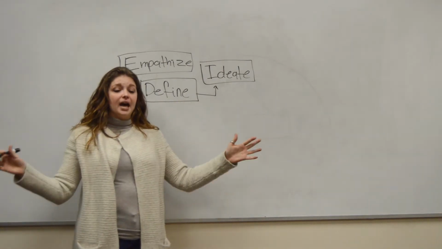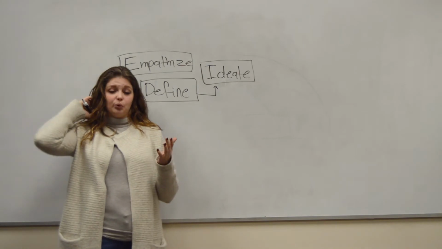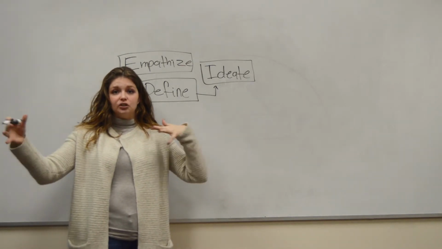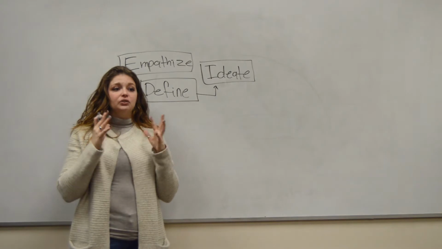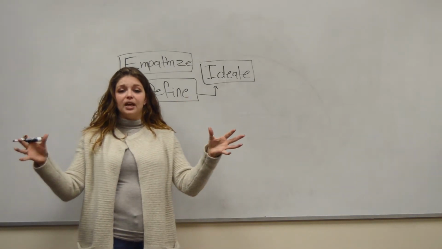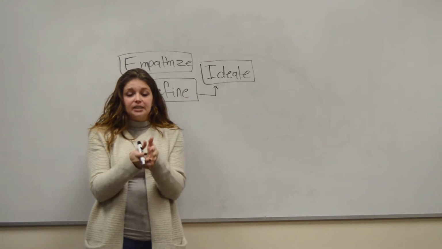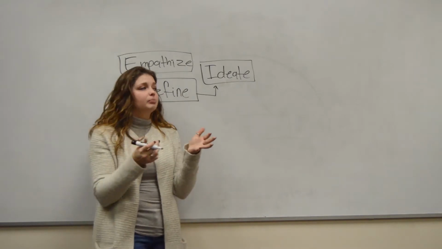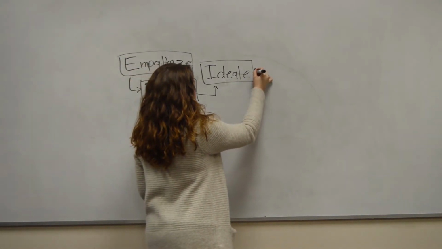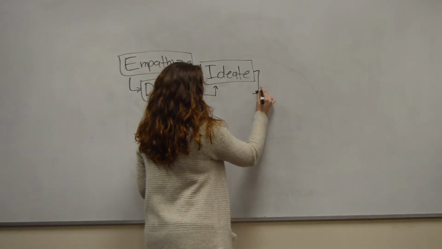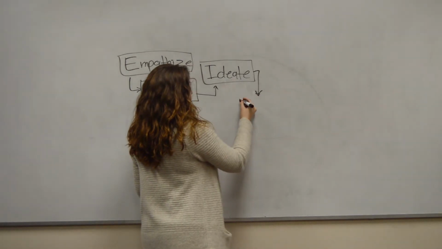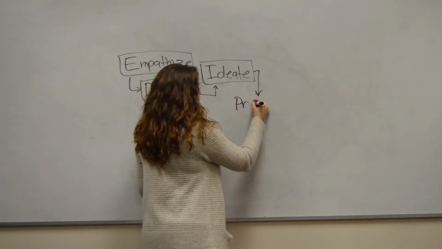Then, from that, and usually it's best done in a group, because after you take those ideas, you kind of present them to each other, and you say, this is what I've come up with, and you kind of consolidate all those ideas into the things that are most feasible, the ones you like best. Then once you have those best ideas, you make a prototype.